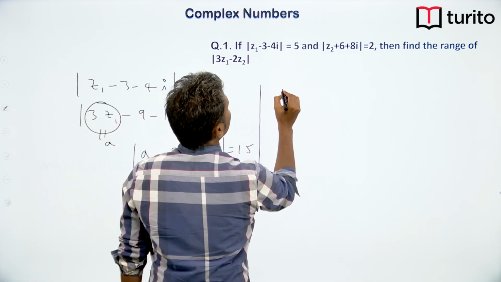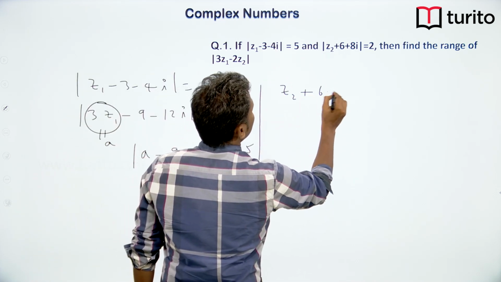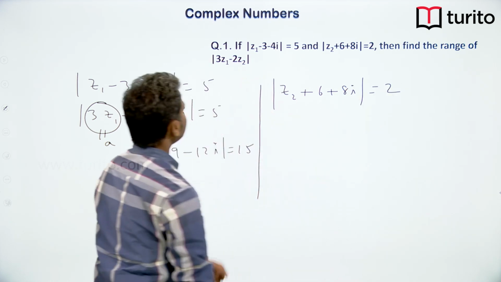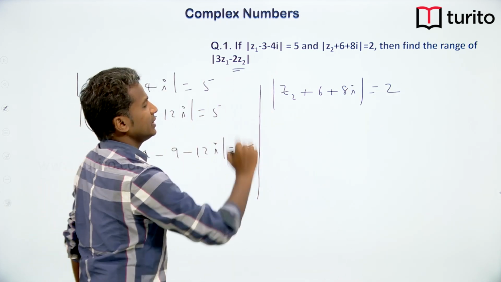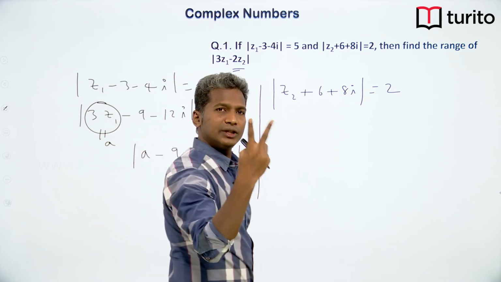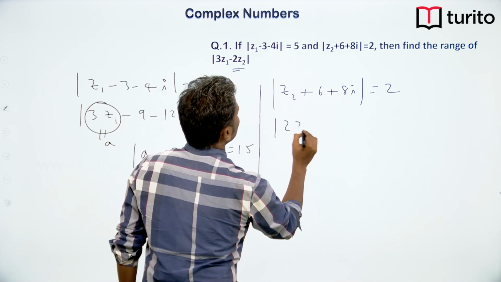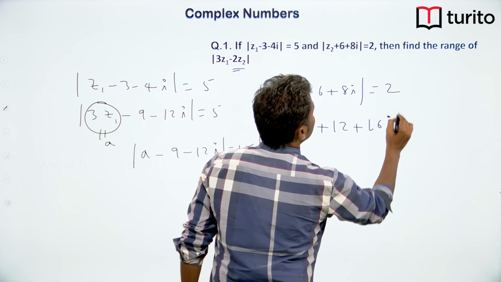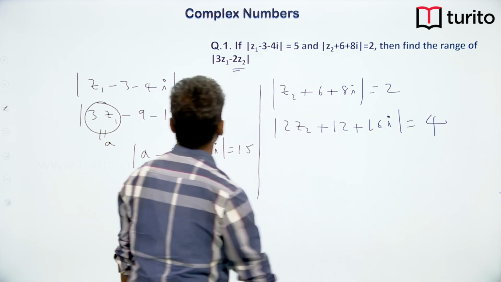Similarly, for the second one, mod of Z2 plus 6 plus 8i is equal to 2. Because we want 2Z2 here, I multiply this equation with 2. So, I get mod of 2Z2 plus 12 plus 16i is equal to 4.